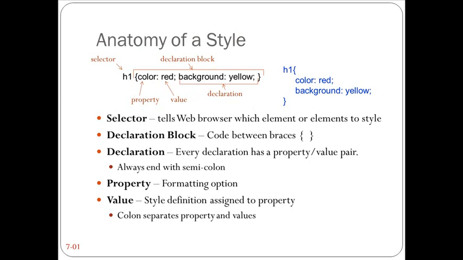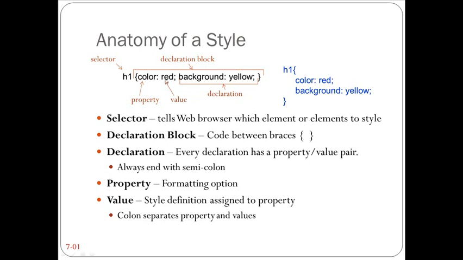Inside of the declaration block, you have a declaration. A declaration is nothing more than a property and a value. So that's the declaration block. Here we have two declarations. The first one, the property is color. The second one, the property is background.